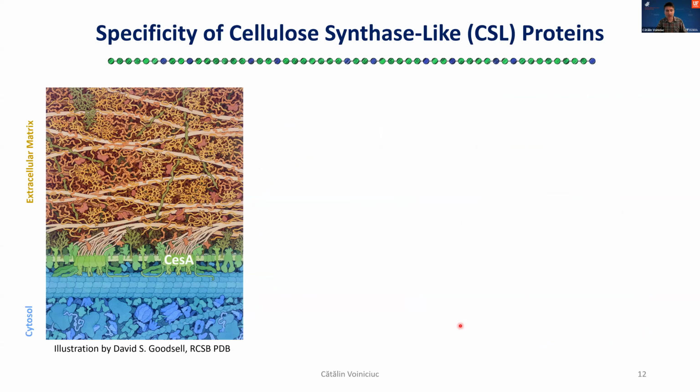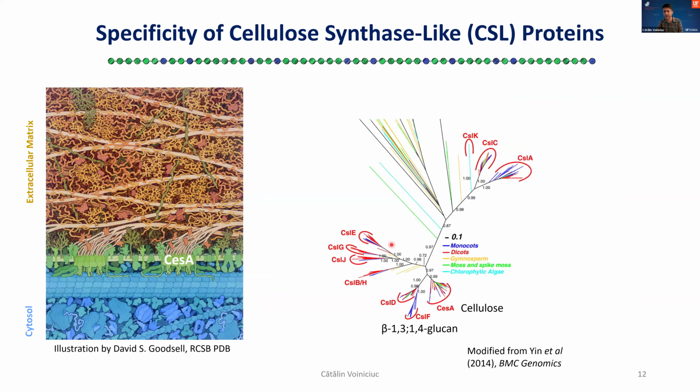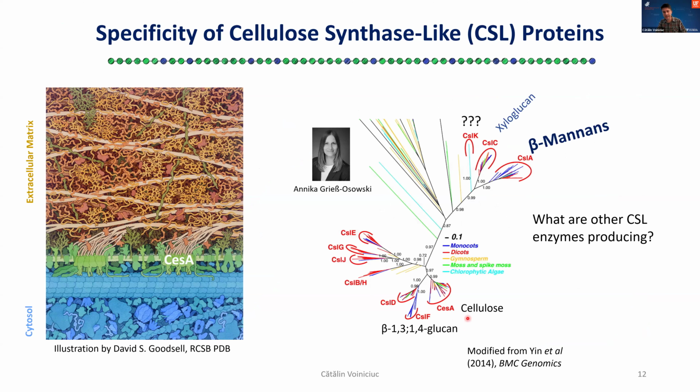All right, so moving on, we used such an approach to really probe the specificity of other cellulose synthase-like proteins. This cellulose synthase superfamily is found in all plant species with various copy numbers, and we knew which enzymes made cellulose, the ones that made mannans, the CSLAs, and a neighboring clade that made the backbone of xyloglucan, which is a common class of hemicelluloses found in most plants.